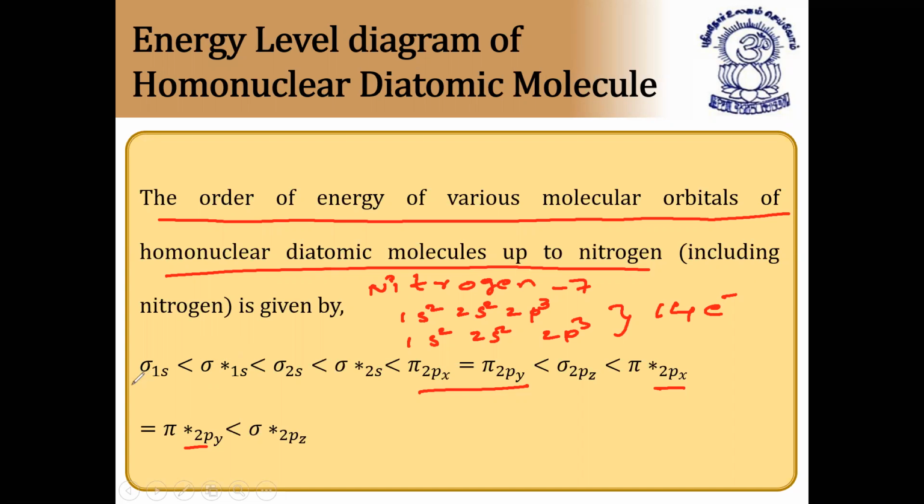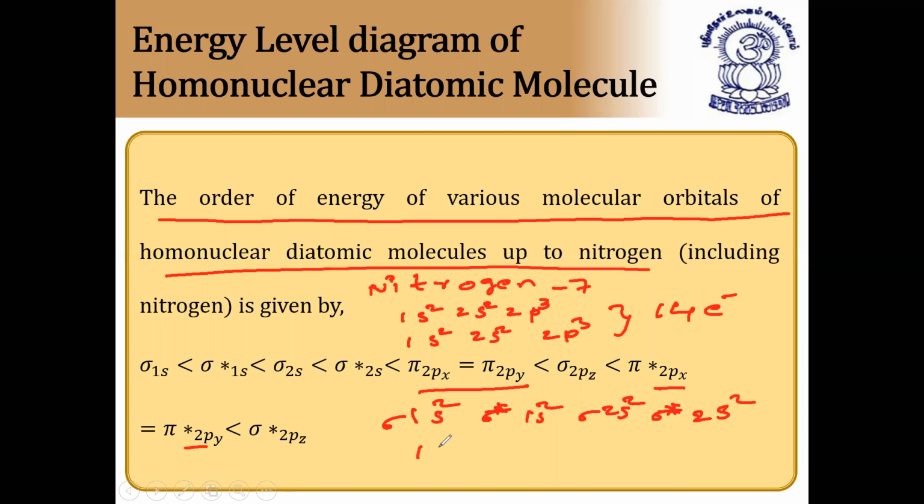Till 14 we have to fill up like this. Each molecular orbital contains a maximum of 2 electrons, we already know. So the configuration for the nitrogen molecule will be sigma 1s2, sigma star 1s2, sigma 2s2, sigma star 2s2, because s-s overlapping leads to only bonding and antibonding sigma bonds.